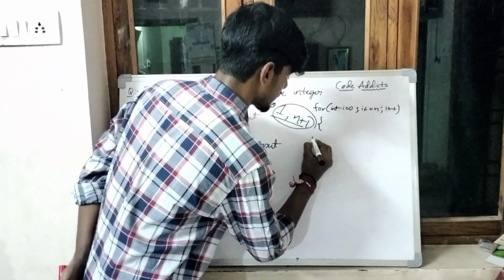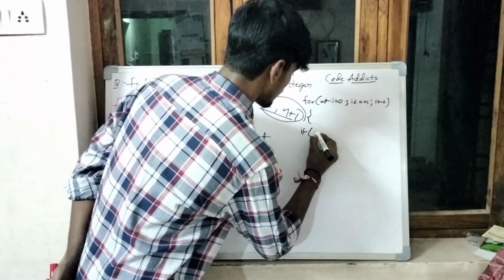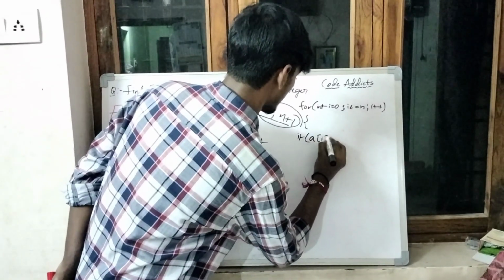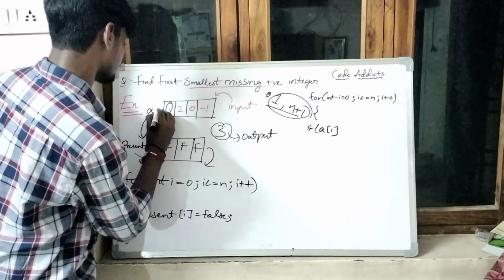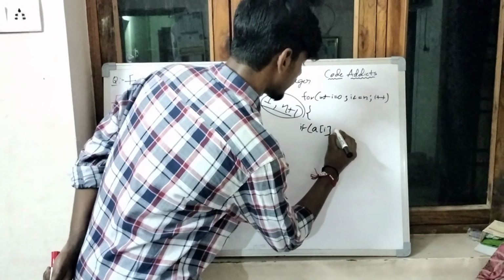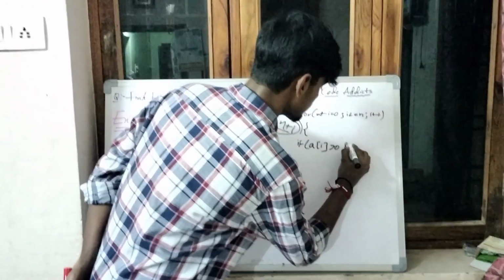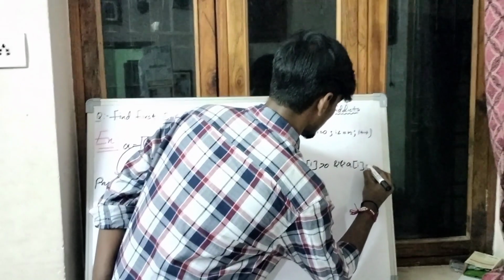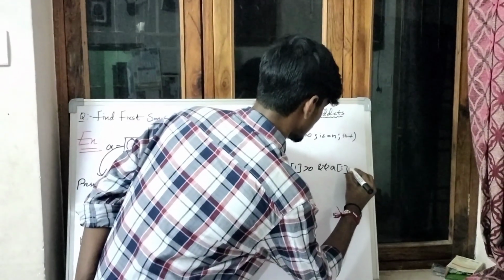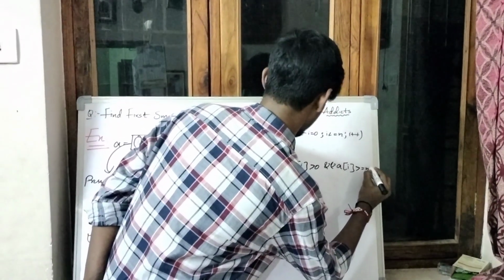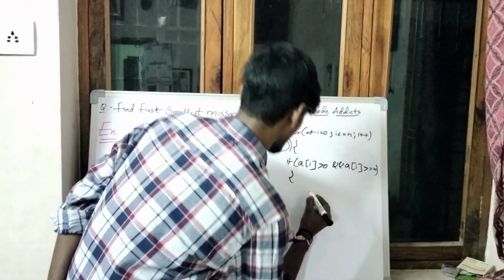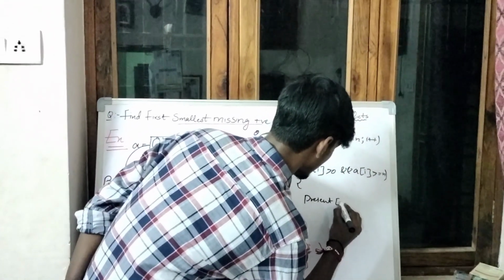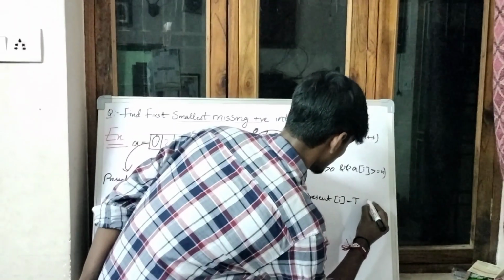Now I will write the condition: if the element a of i, taking this array as a, is greater than 0 and a of i is less than or equal to n, then I will change the array as present of i equal to true.